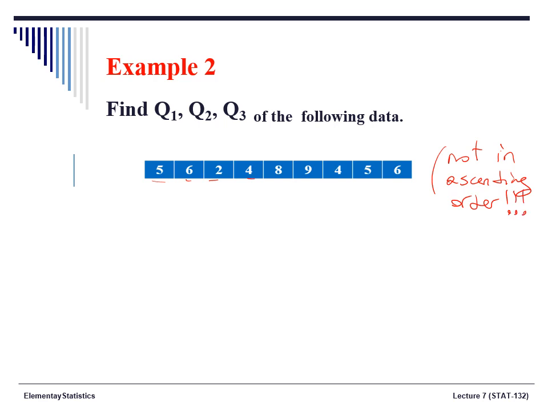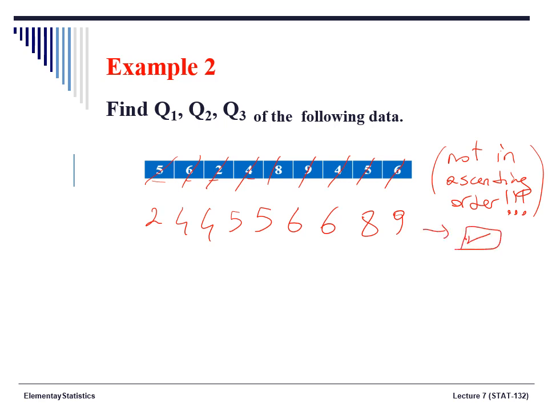If it is not in ascending order, first we have to arrange the data in ascending order. So you can do 2, then 4, then another 4, 5, and then another 5, then 6, another 6, then 8, and we have 9. Now we have it in ascending order.